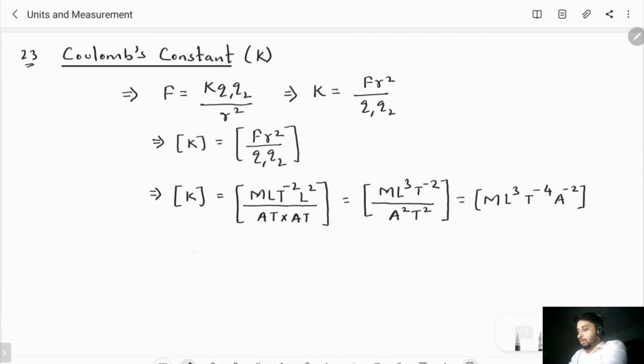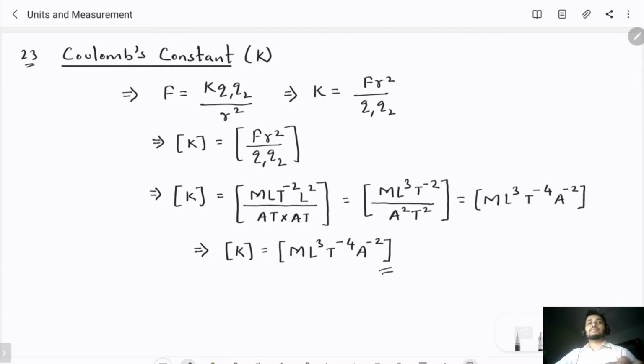So this becomes the dimensional formula for Coulomb's constant.